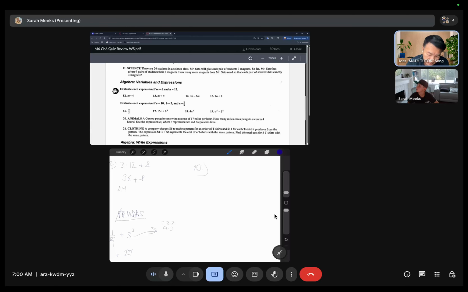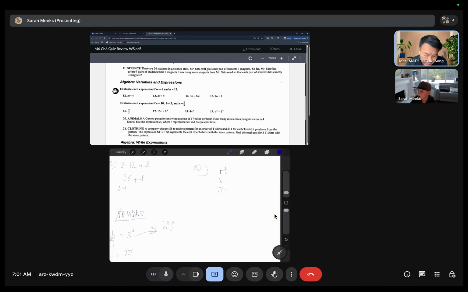So 20, I recommend you write RT right at the top, and then below it, R stands for rate, and the rate said is 17 miles per hour. You don't need to write the unit, just 17. So R is 17. If they're written next to each other, RT, it implies multiplication.